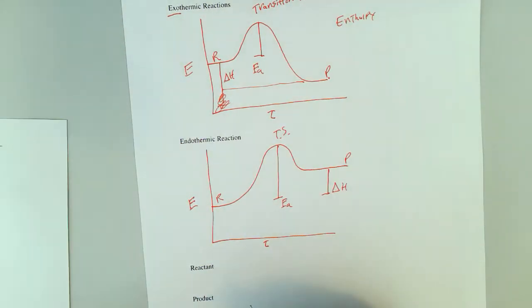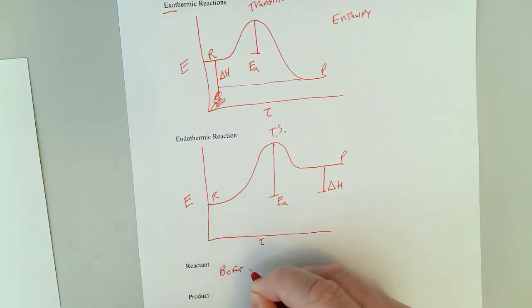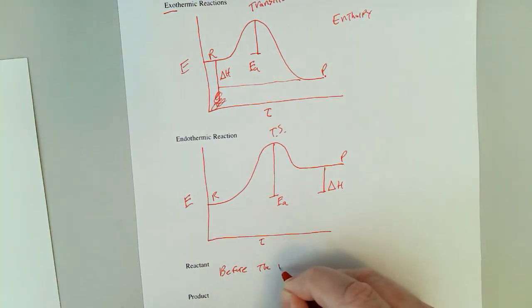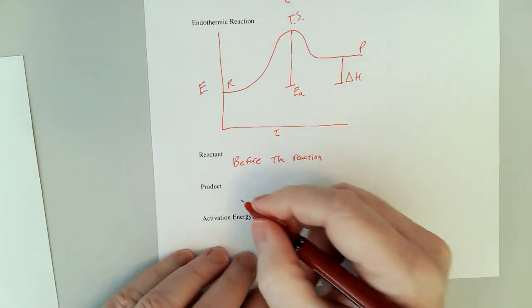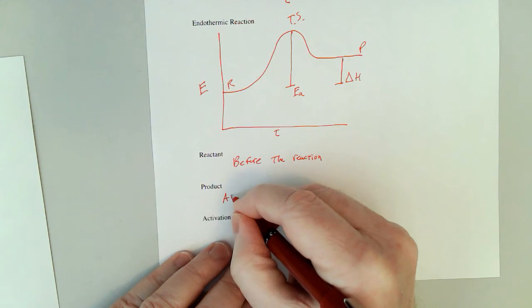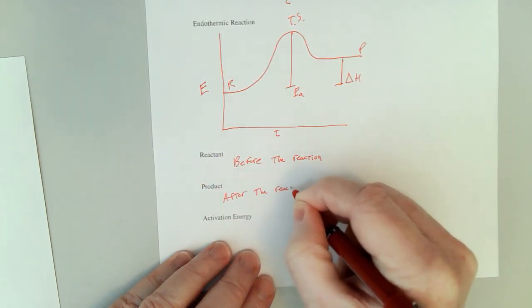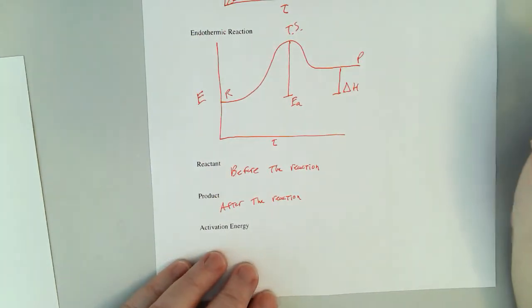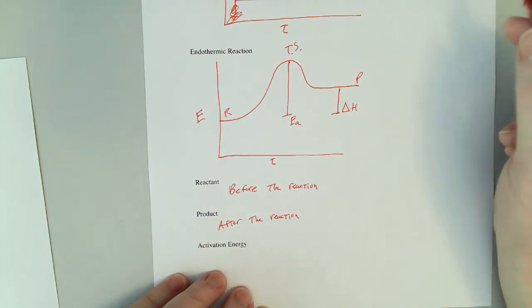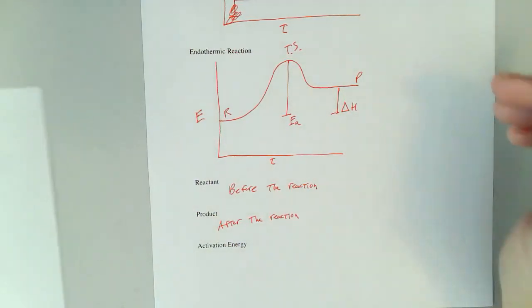So what are the reactants? The reactants are what you have before the reaction. The product is what you have after the reaction. Which is why we also have to distinguish the transition state. We'll also use the term intermediate later on for what happens in between reactants and products.